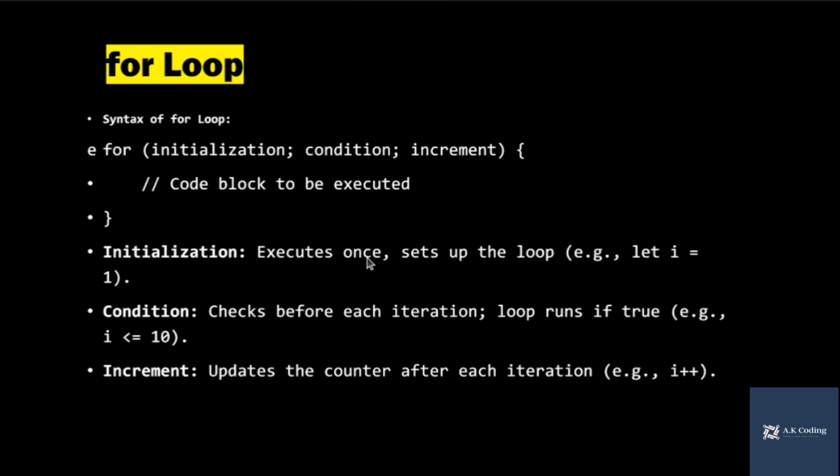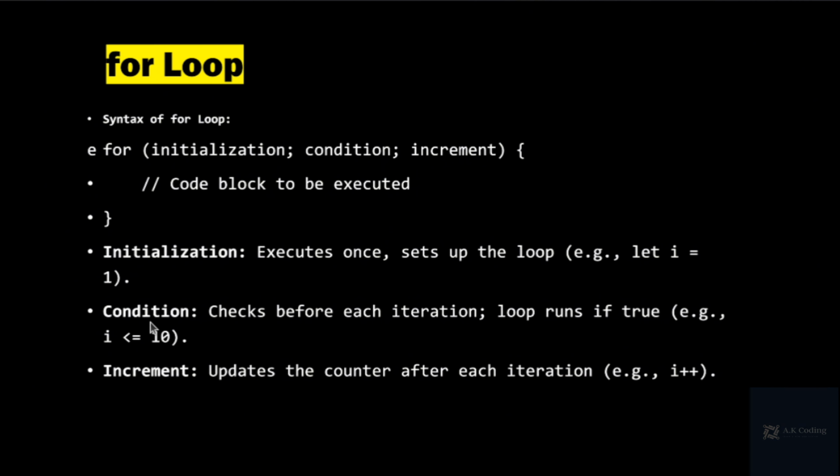Initialization executes once and sets up the loop. For example, we have let and the variable name i, as we mostly use i, j, k letters while using the for loop, and we are initializing it to the value 1.